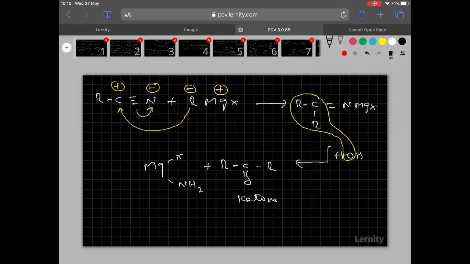So please copy quickly. Completed. This is from Grignard's reagent.